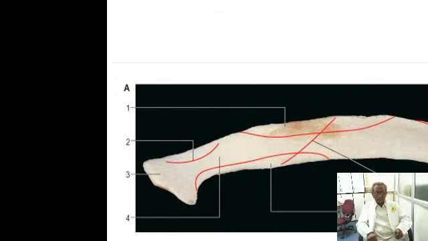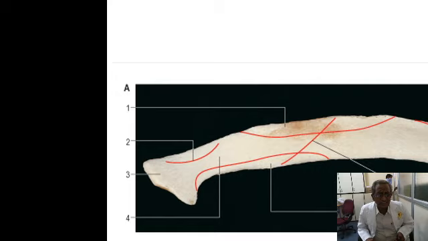Then on the posterior aspect, we have the attachment of the levator costae near the head on the superior part, and then lateral to that the attachment of the external intercostal muscle.